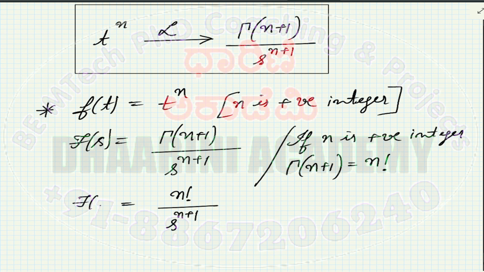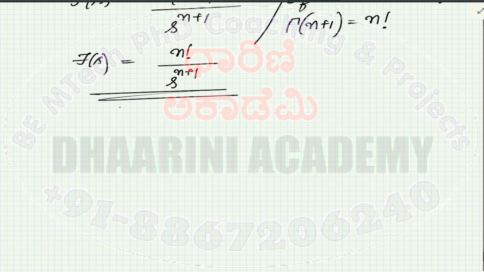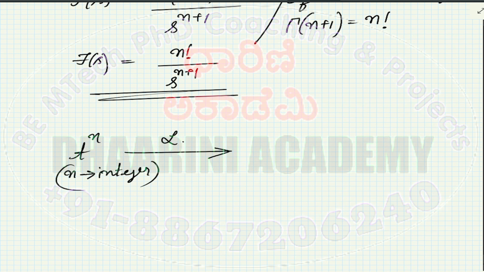Okay, this is a special case. So the next entry in our table will be t to the n with n as an integer value. Then the Laplace transform will be n factorial divided by s to the n plus 1.